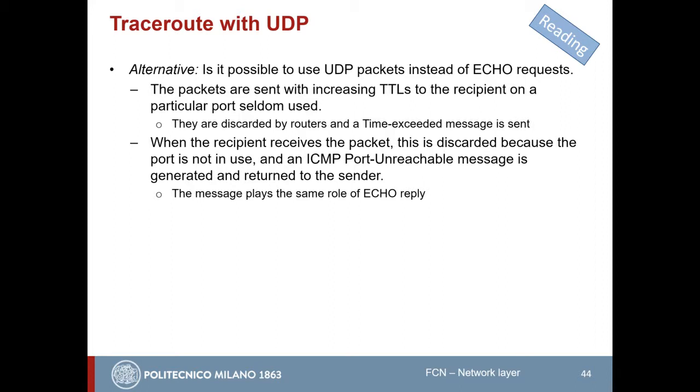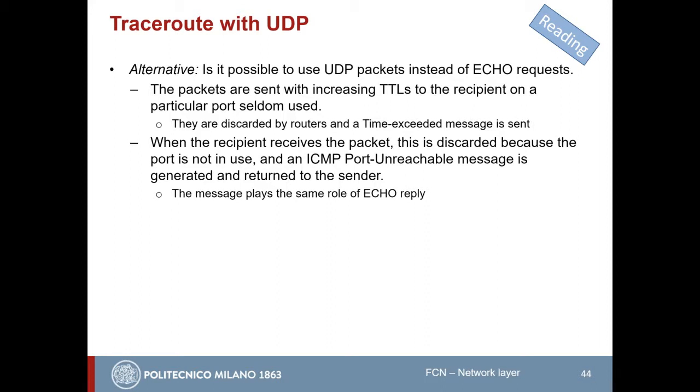Sometimes ICMP is not supported, it's actually not allowed on routers. For example, here in the Politecnico network, you cannot send ICMP messages, unfortunately. And so there is also the possibility of doing a traceroute with UDP.